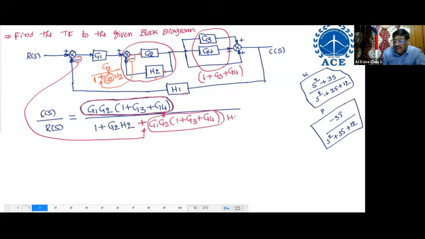What is the feedback gain? H1. That's all, it is the answer. Simply wherever a loop comes, take the opposite sign of the feedback, the numerator as it is in the denominator, product with the feedback gain. Okay? I hope you understood. Got it?